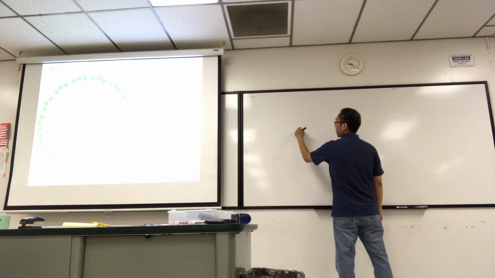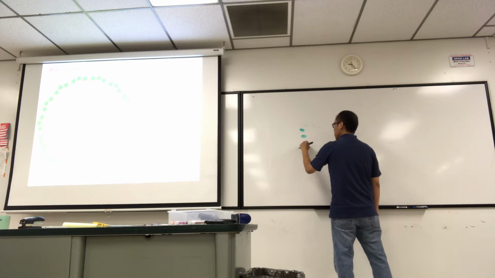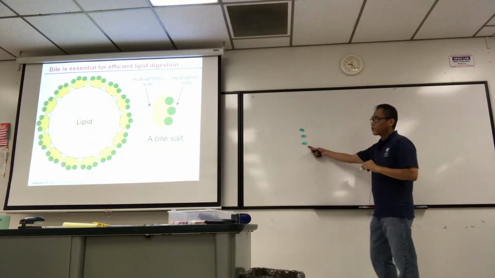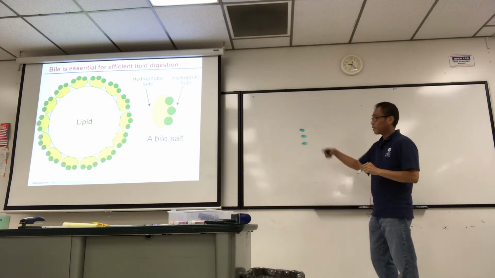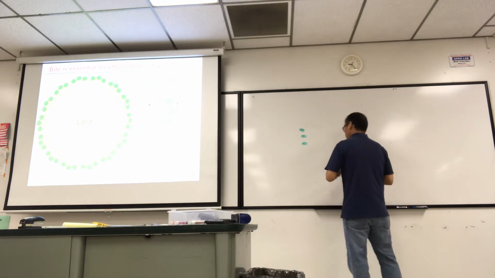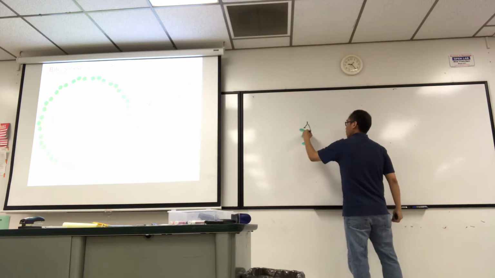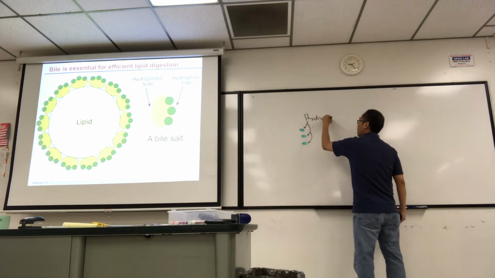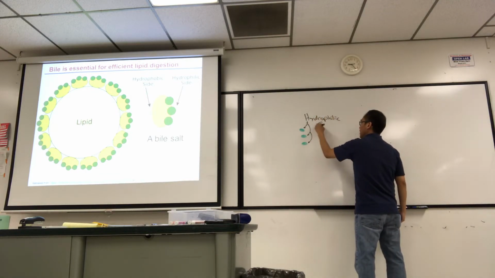So if you have a hydrophilic side, assume that these green molecules have some kind of charge, a partial charge, that allows them to interact with water. That's why it's hydrophilic. You can face water.